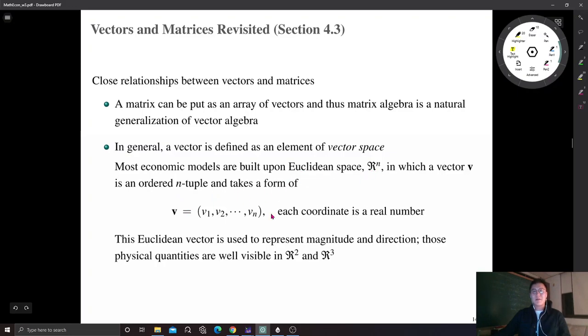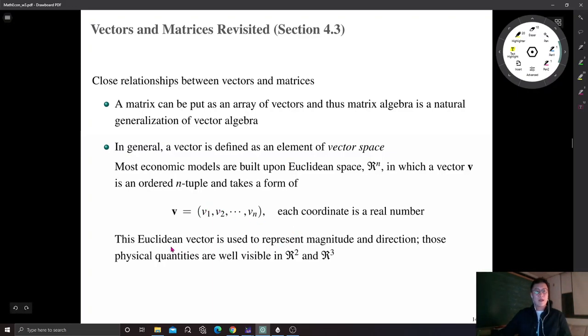In n-dimensional Euclidean space, a vector is defined as an ordered n-tuple of numbers. So in two-dimensional space, one vector has a pair of numbers, and this is ordered, so the order matters. And in three-dimensional space, we have three numbers, and so on.